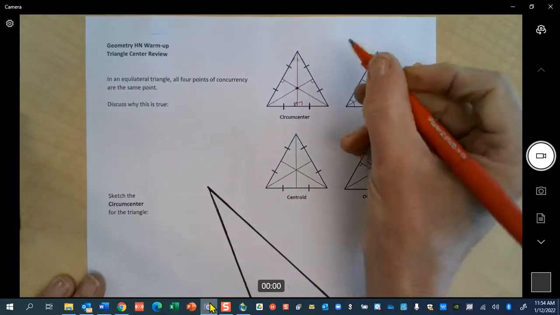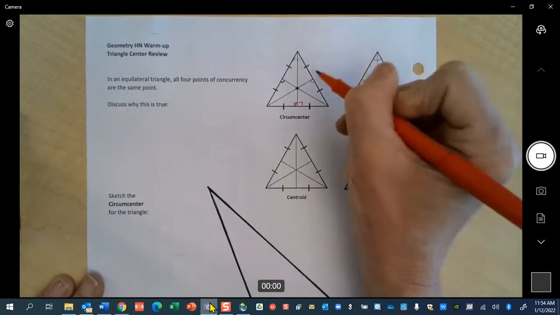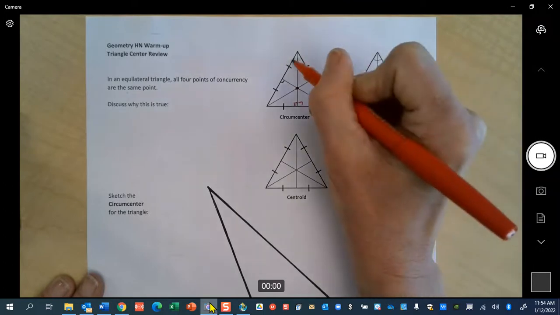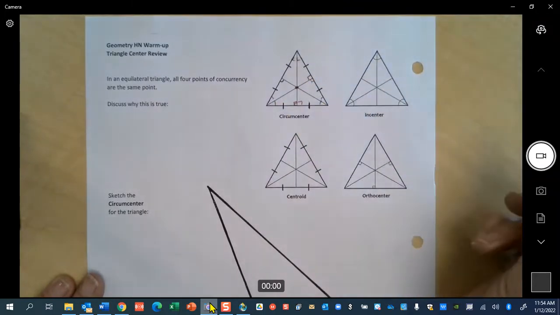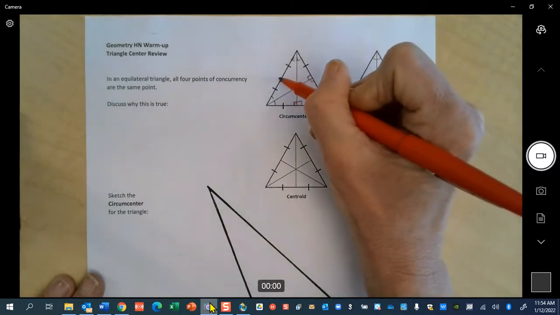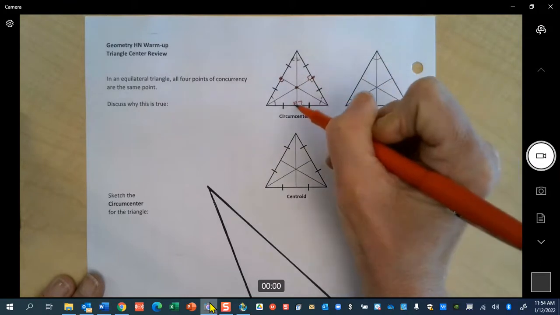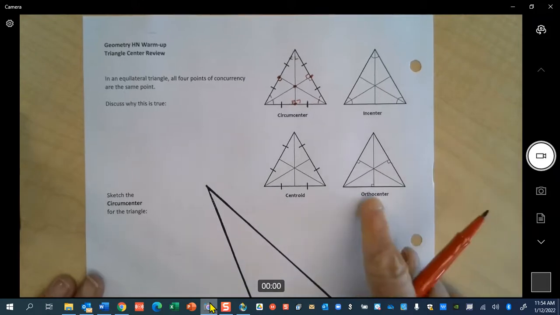Isn't that going to give me all of these equilateral or all these congruent triangles? Yes. Aren't all of these angles bisected? Yeah. Aren't all of these segments bisected at the midpoint? So all of these things are true.